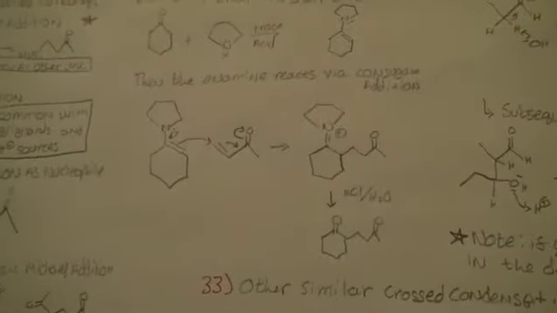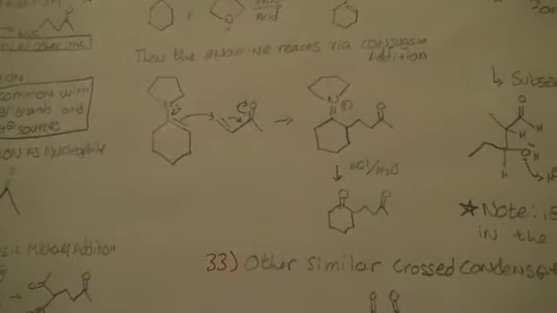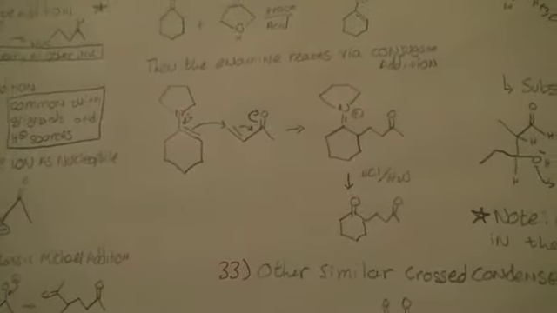Not a big deal. Then the enamine reacts via conjugate addition, just like what happened in the Michael addition. And you get this compound, which is good if you want that compound. I know that sounds ridiculous, but it's just something to remember.